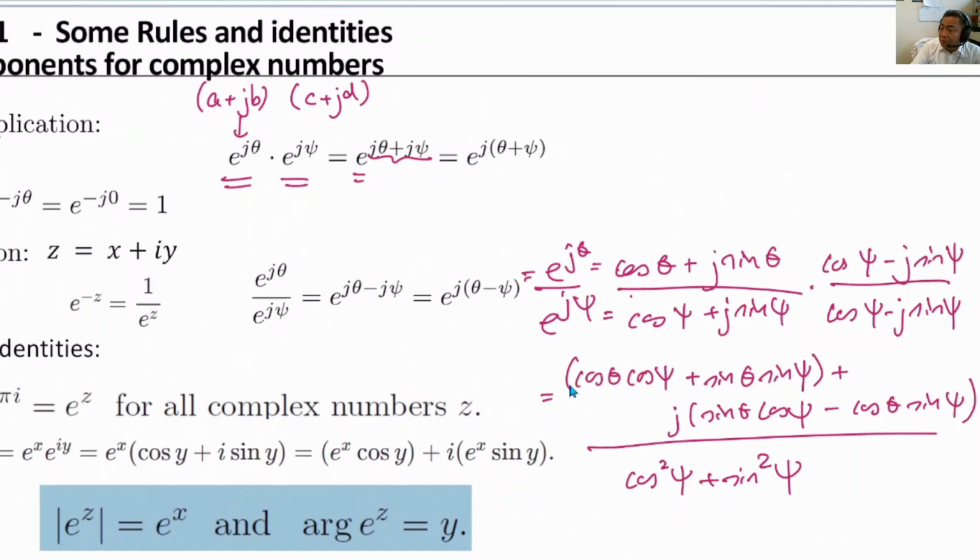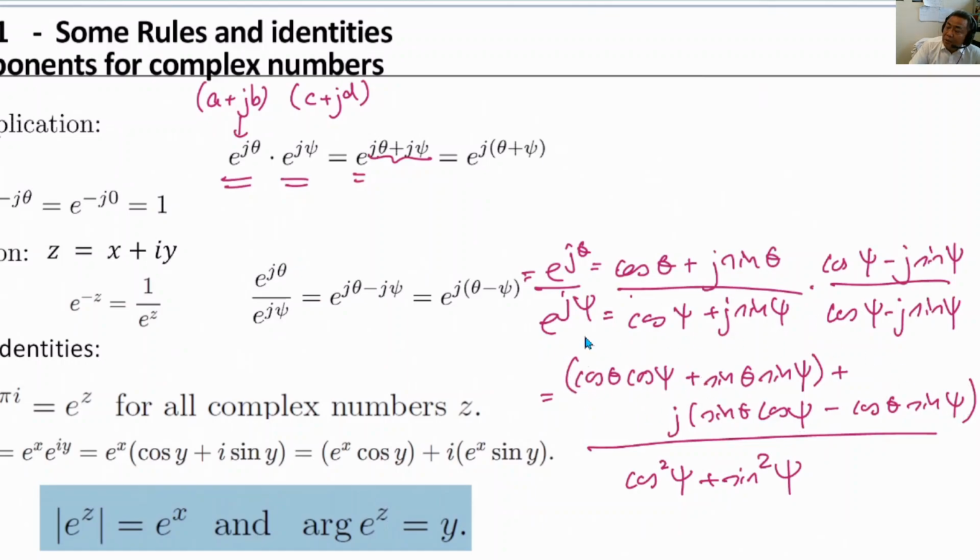When we open it up, we have cosine θ cosine ψ. Then we have j and j squared, which is minus 1. So minus 1 and minus become plus. So we have sine θ sine ψ. So we have the first term here. And now let's collect the imaginary term, which is j sine θ cosine ψ, and we have minus j sine ψ multiplying by cosine θ. So the numerator is here.